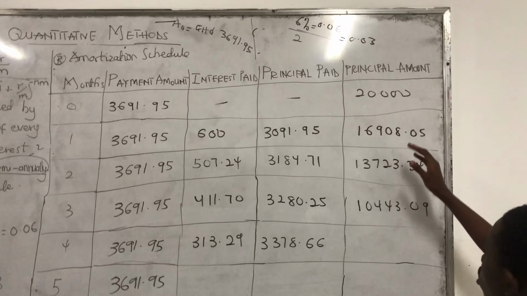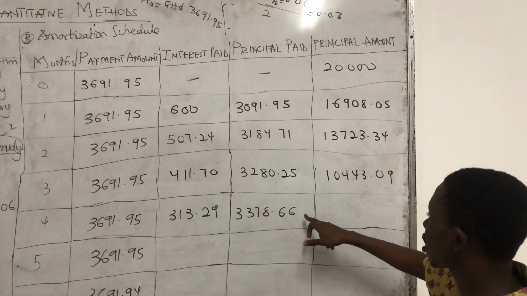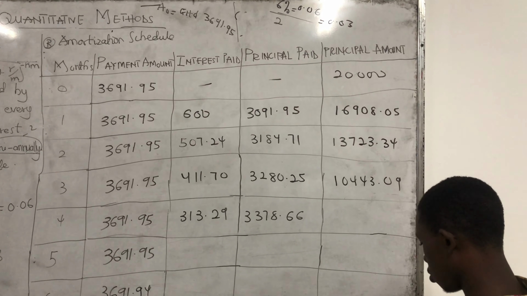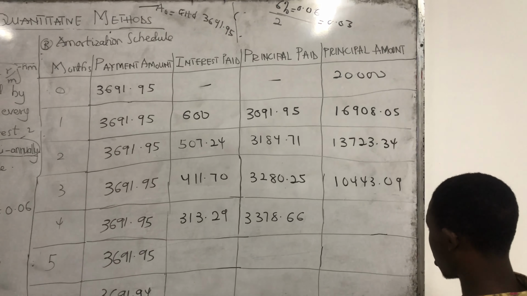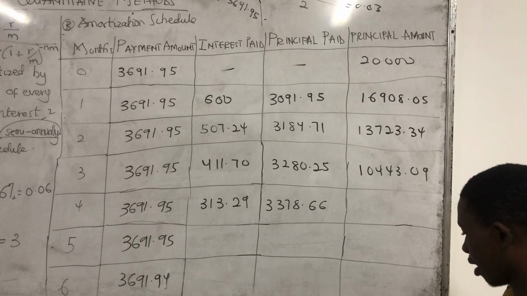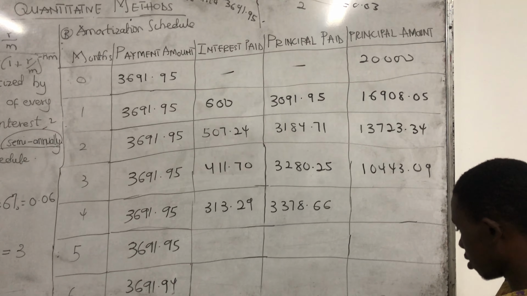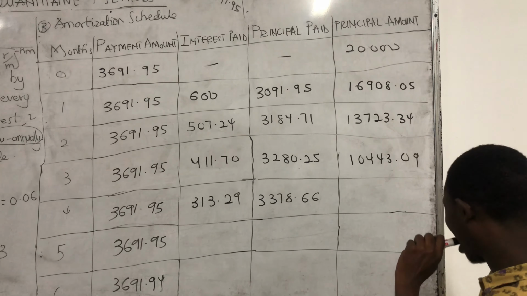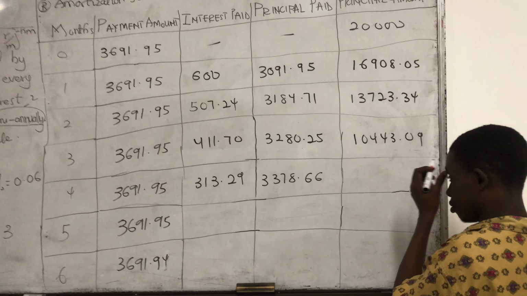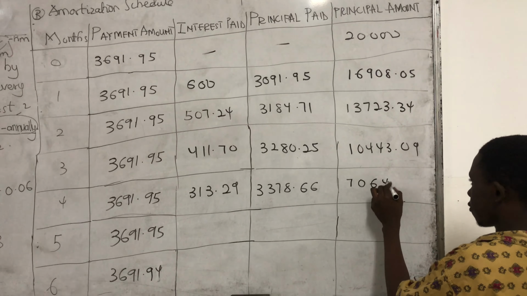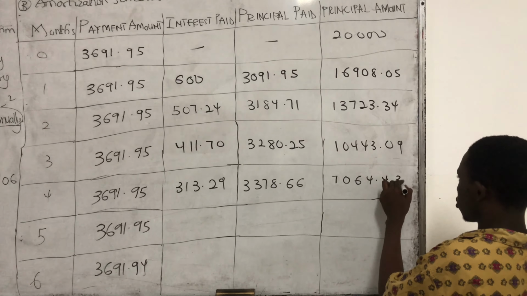We want to find the principal amount. So I'm going to subtract this figure from that: 10443.09 minus 3378.66. We are getting 7064.43.